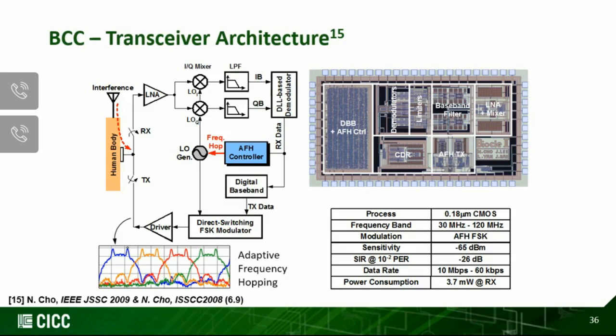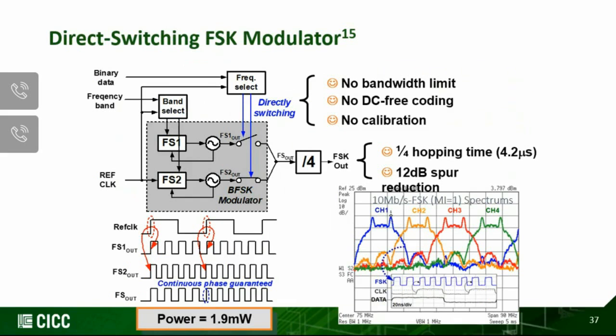Let's look at how the dedicated PLLs work for this frequency hopping scheme. This direct switching modulator solves all the difficulties mentioned before by using two frequency synthesizers. The internal PLLs generate the frequencies representing the binary data 1 and 0, and one of them is switched to FS out at the rising edge of the reference clock.